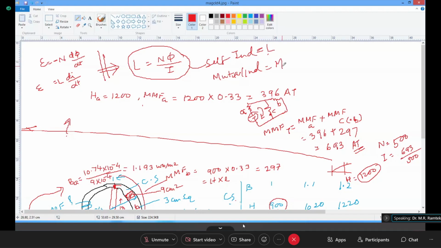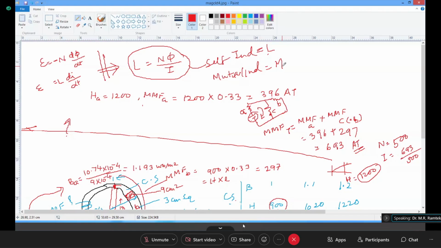Basically, mutual inductance arises when we put two coils close to each other. If you check current flow in one coil, there is an EMF induced in another coil.